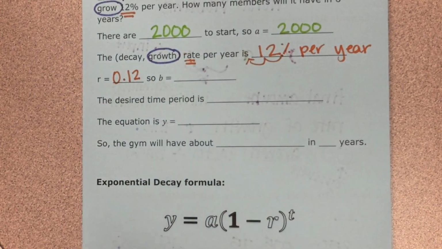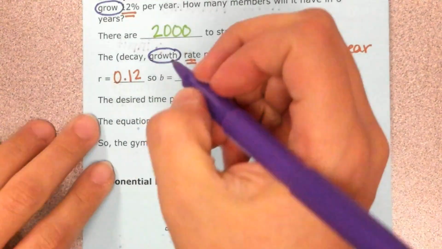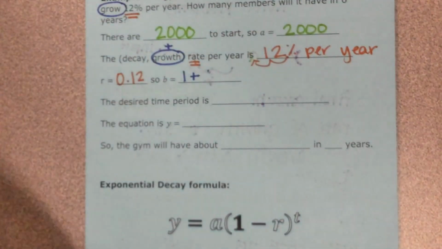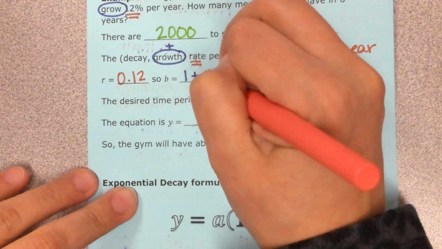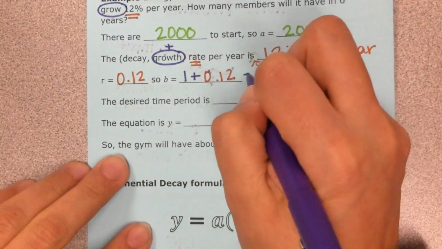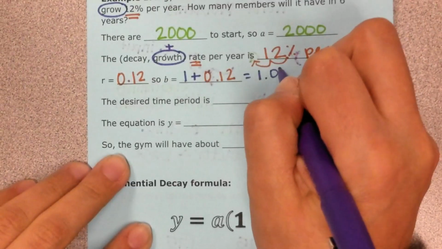So because we are growing, B is equal to 1 plus, growth is plus, 0.12. In other words, 1.12.